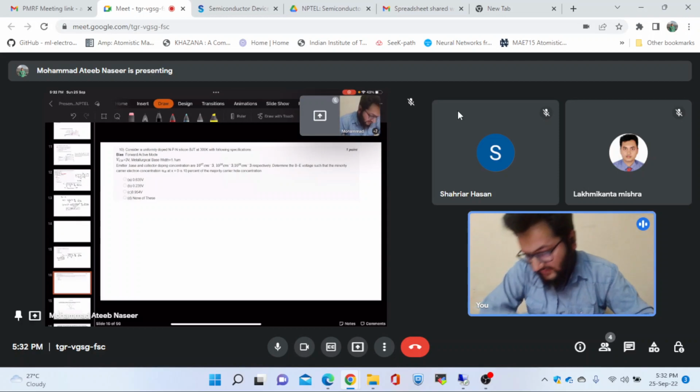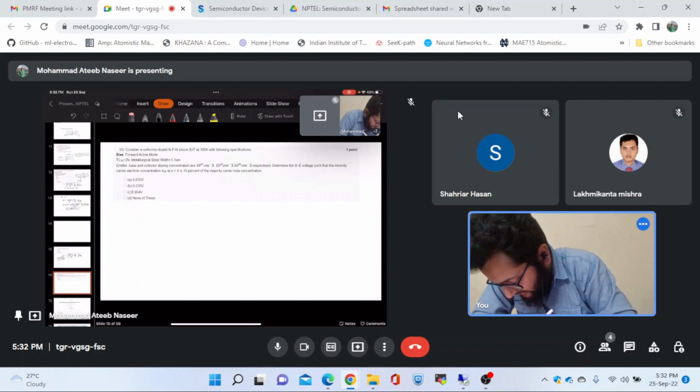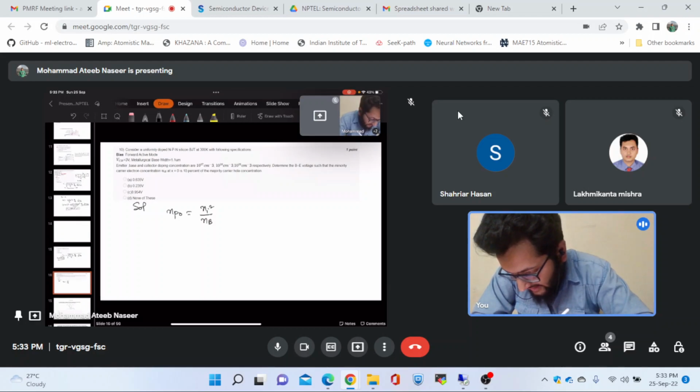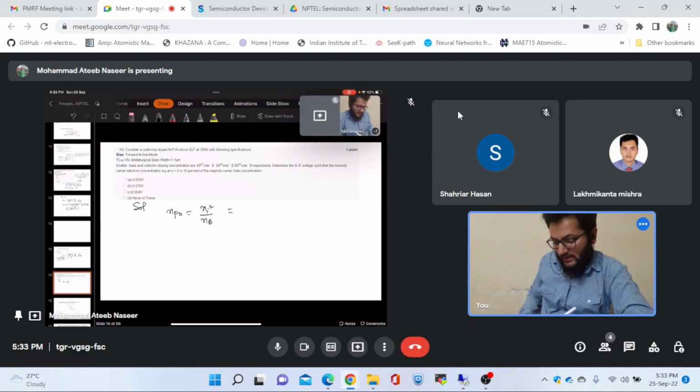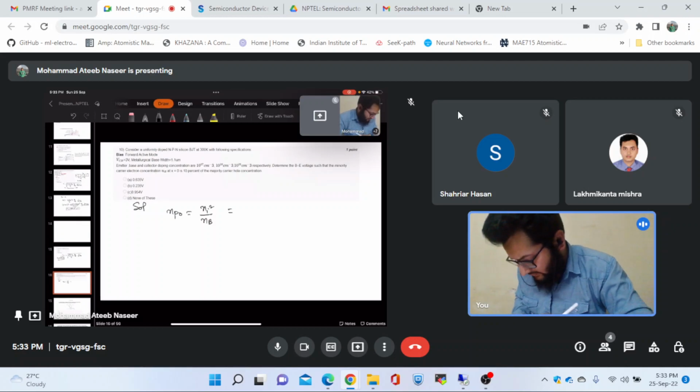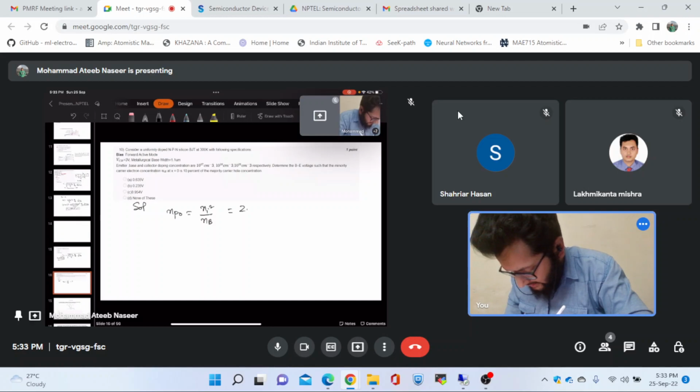Now if we see this thing, we know that this np naught, this concentration of electrons, in the p side, that is the base part, will simply be given by Ni square by Nb, and if I put the values for the Ni square and Nb equal to 10 to the power 16, I should get it to be equal to 2.25 into 10 to the power of 4 per centimeter cube.